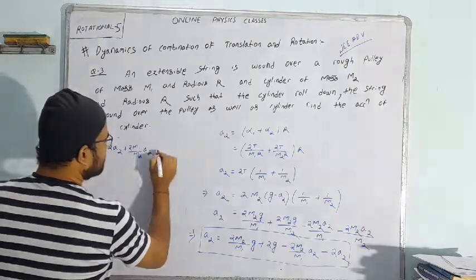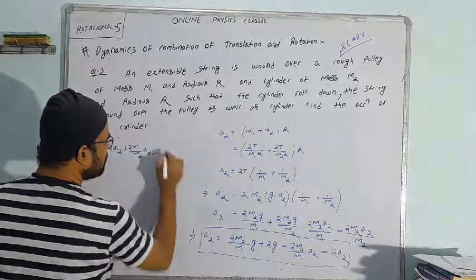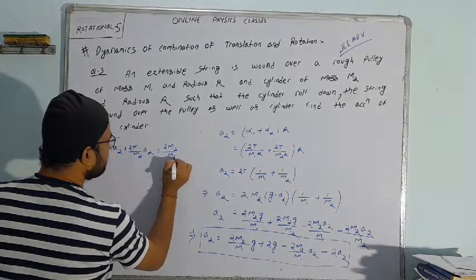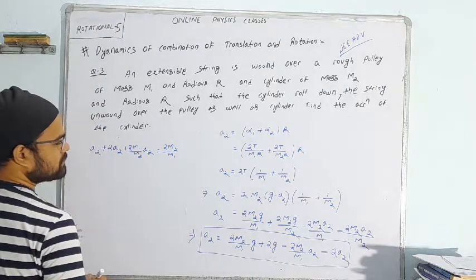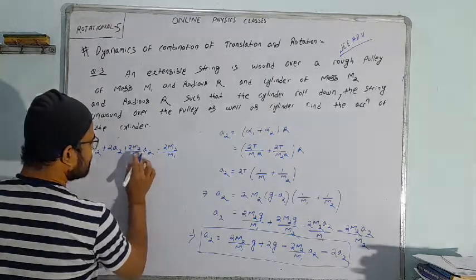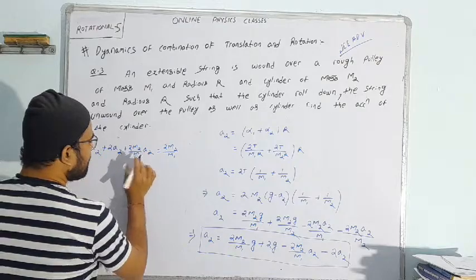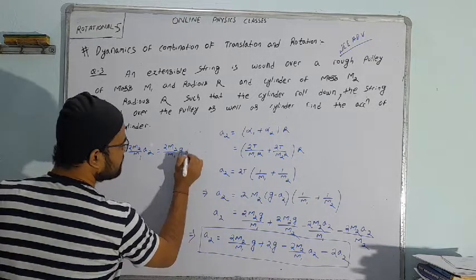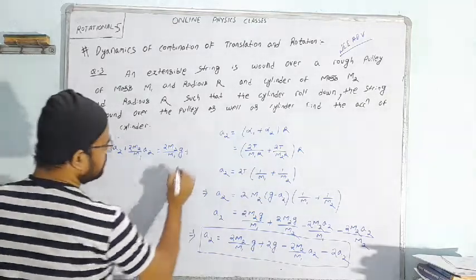So on the right side that is only 2m2 by m1 g, sorry, this is m2, this is m2 and this is m1. Okay, 2m2 by m1 g plus 2g.